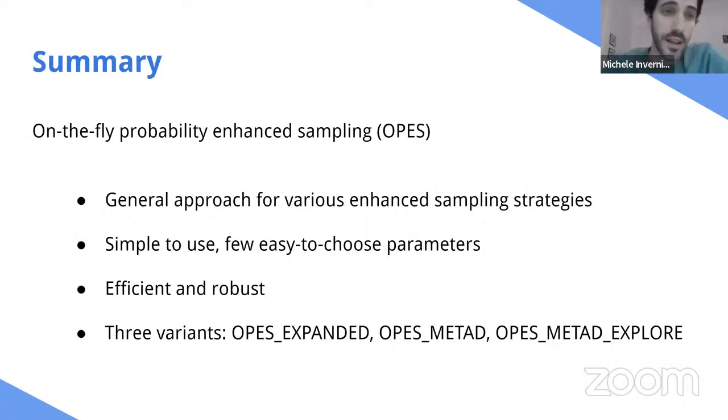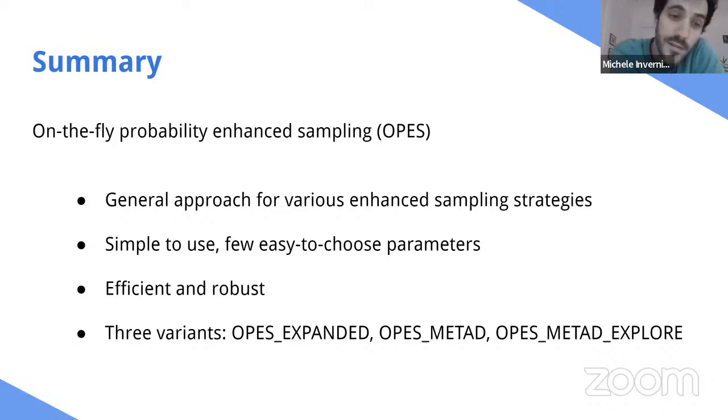So with this, I've come to the conclusion of my talk. I've presented the on-the-fly probability enhancement method, which provides a general approach and can be used for various enhanced sampling strategies.